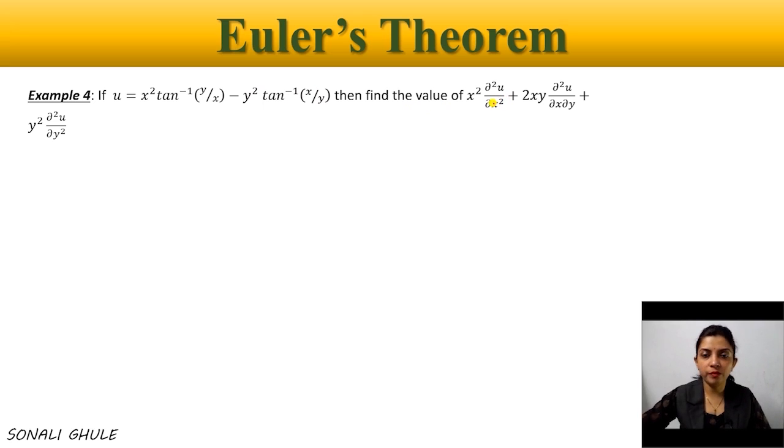Again do the same, write down your given part first. So u is equal to x square tan inverse y upon x minus y square tan inverse x upon y.